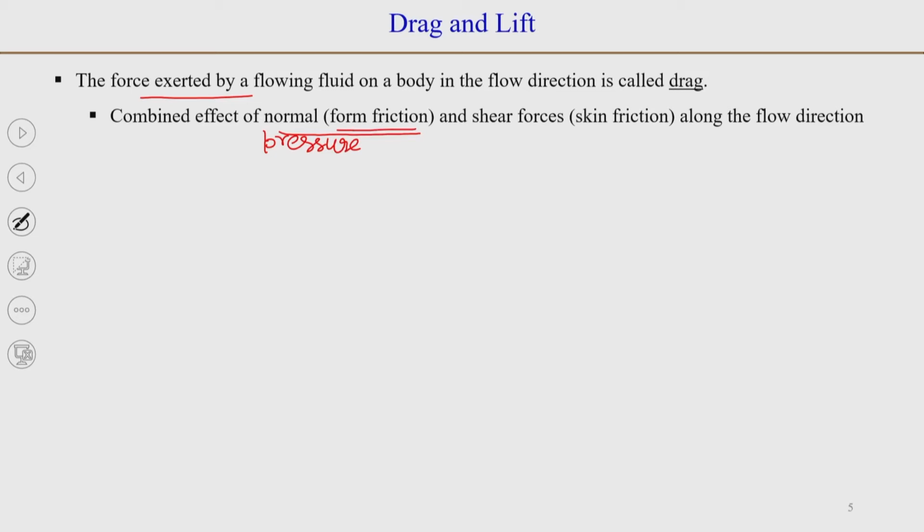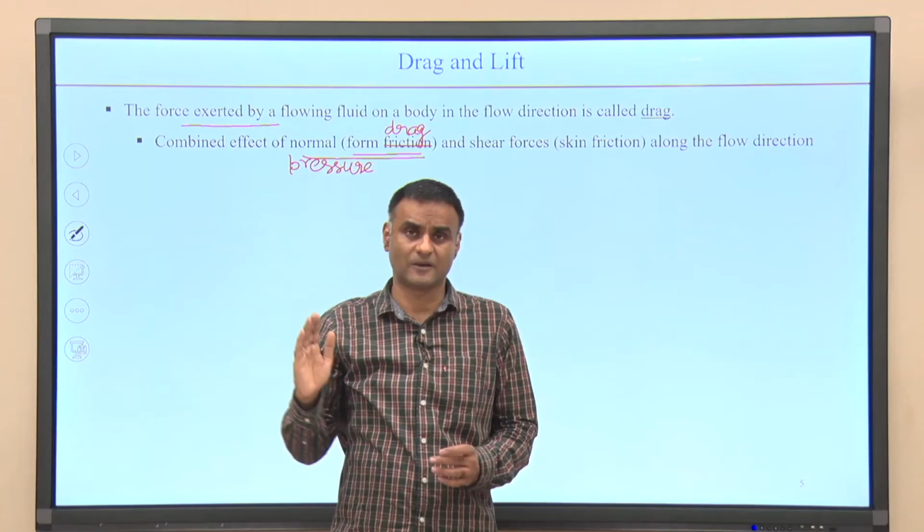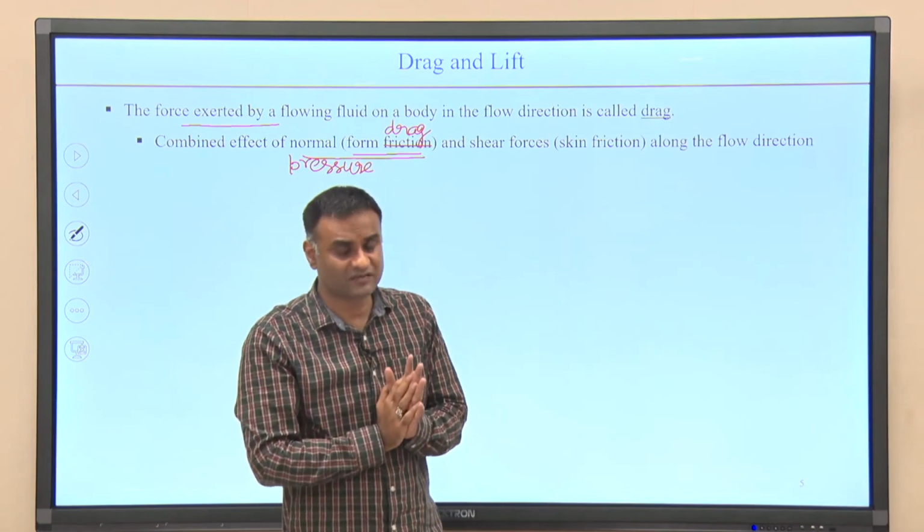So, the drag or the frictional force that the body experiences, actually drag should have been a better word here, because friction generally we refer to the force that is tangential to a surface.